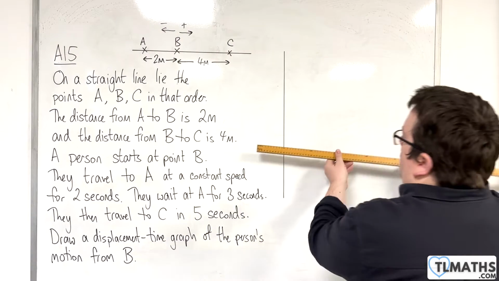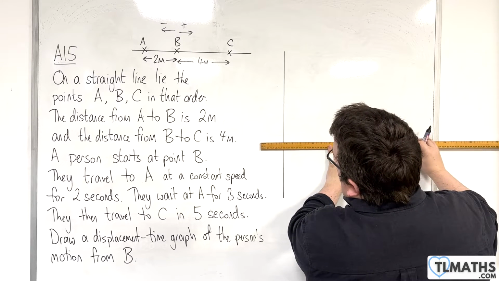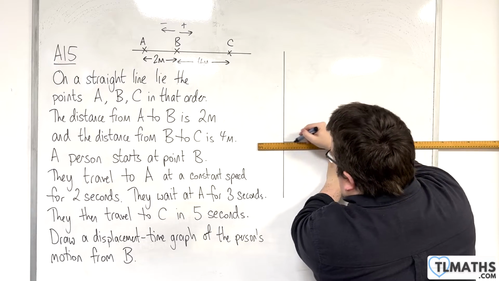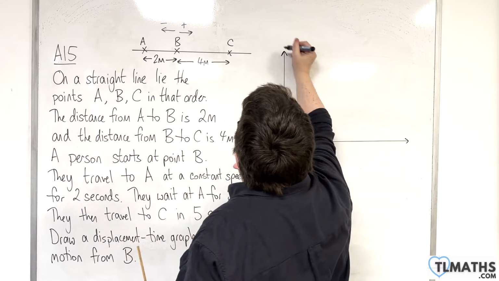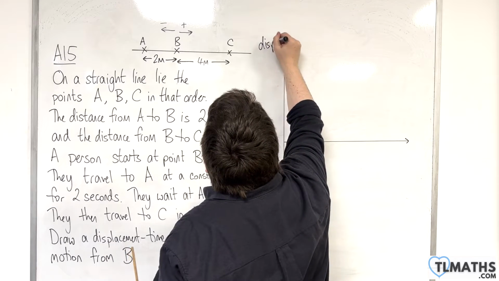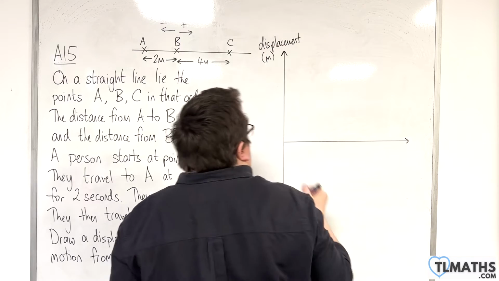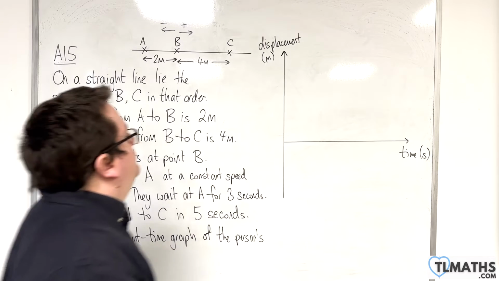So that means because it goes negative, I'm going to have a bit that goes below the time axis, as we will see. So here we have displacement, which is in meters, and time, which is in seconds.